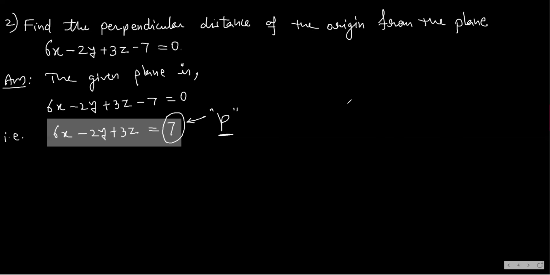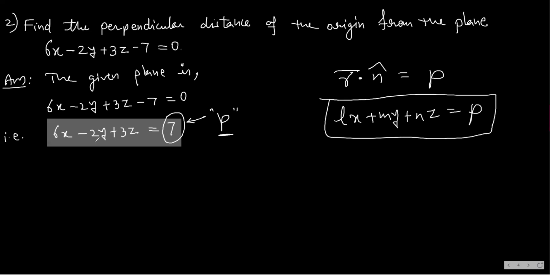Now see, the normal form of the plane in vector equation is r bar dot n cap equals p. And the normal form of the Cartesian equation of a plane is Lx plus My plus Nz equals p.